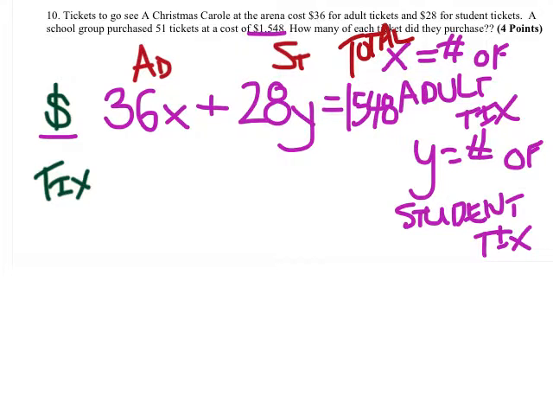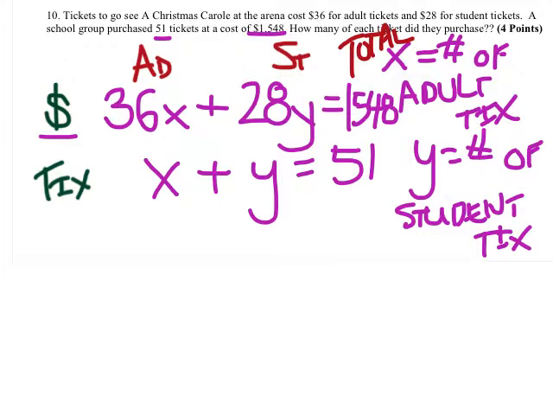In terms of tickets, it doesn't say how many of each was sold. That's what we're searching for: adult tickets plus student tickets. But it did tell us exactly how many of both together were sold. It's 51. And what we've done is we've created a system here: 36x plus 28y equals 1548, and x plus y equals 51, that we can use to solve this.